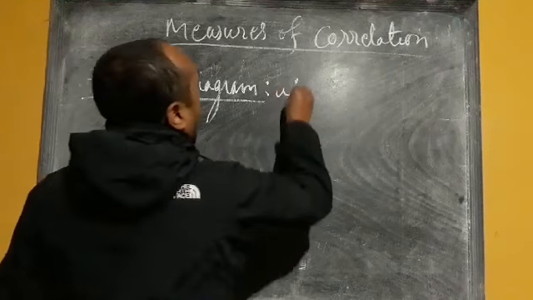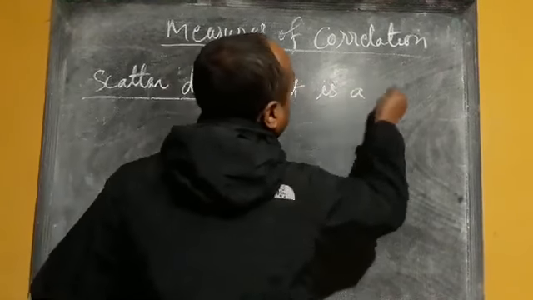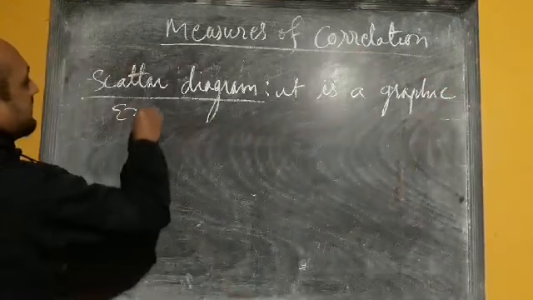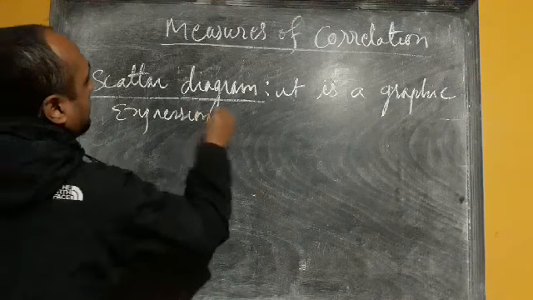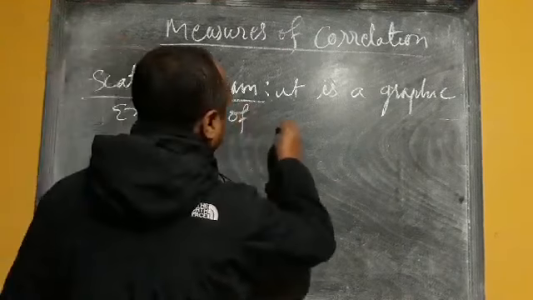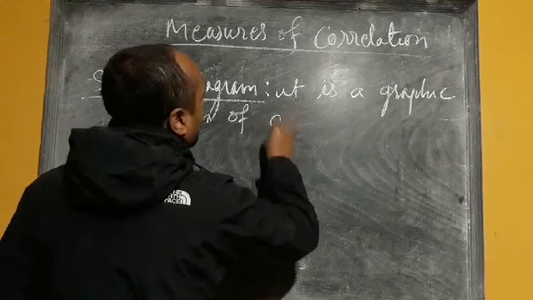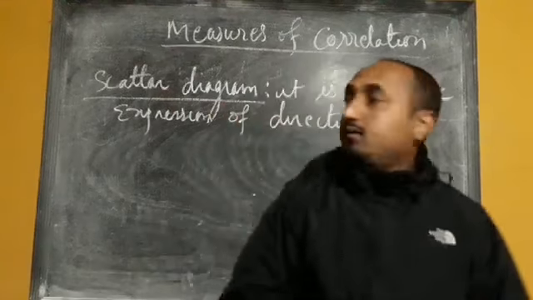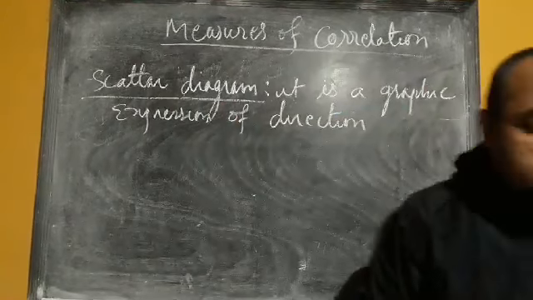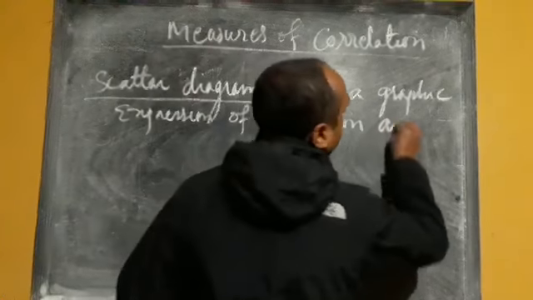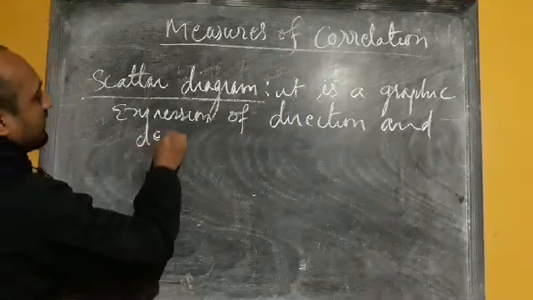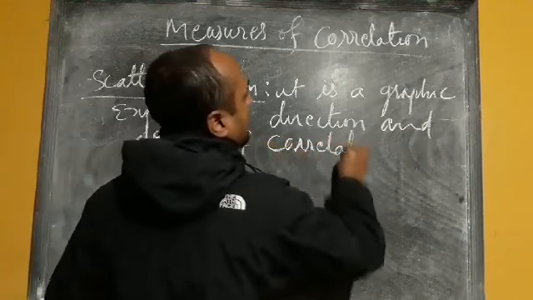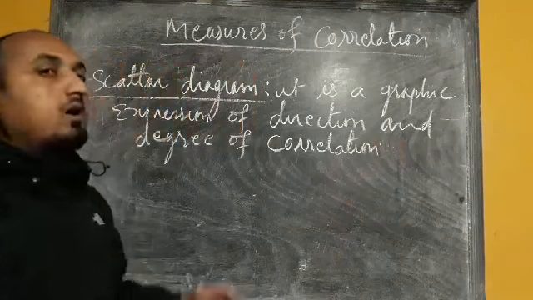It is a graphic expression of direction and degree of correlation. So here first try to understand.